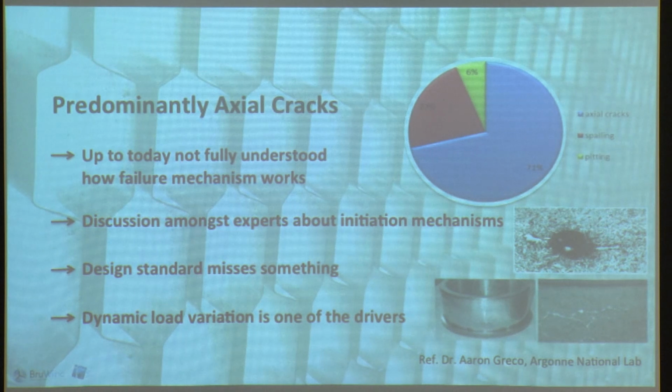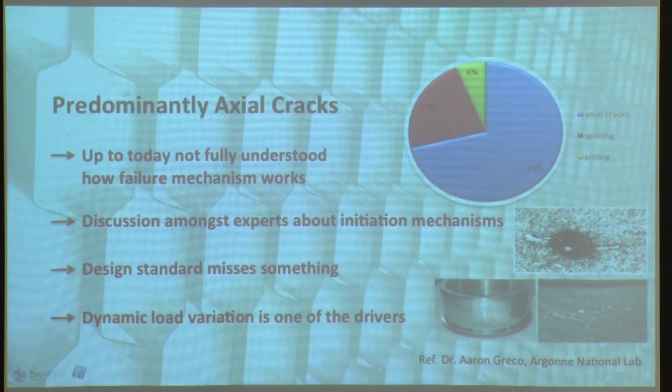One of the examples in this is actual cracking. I'm not the expert on this, but there is research going on. The interesting thing is today there is no consensus on this failure mechanism. There are different hypotheses about why it's going wrong. There is discussion amongst researchers and different bearing manufacturers, but today there is no consensus on the failure mechanism. There are certain factors that have shown to be influential.